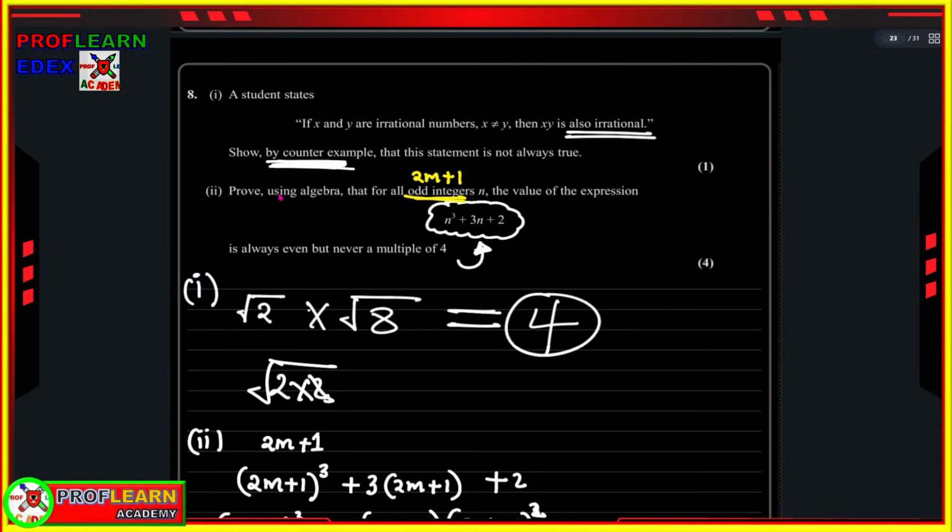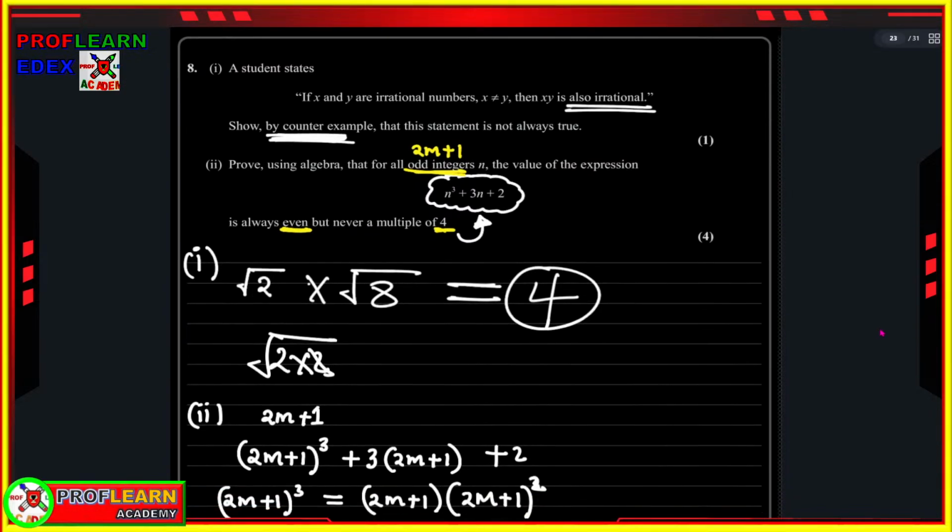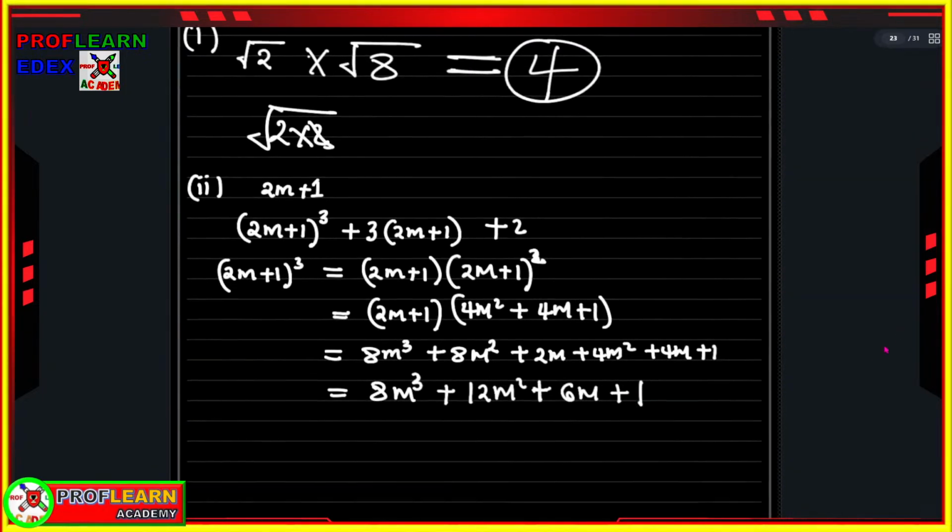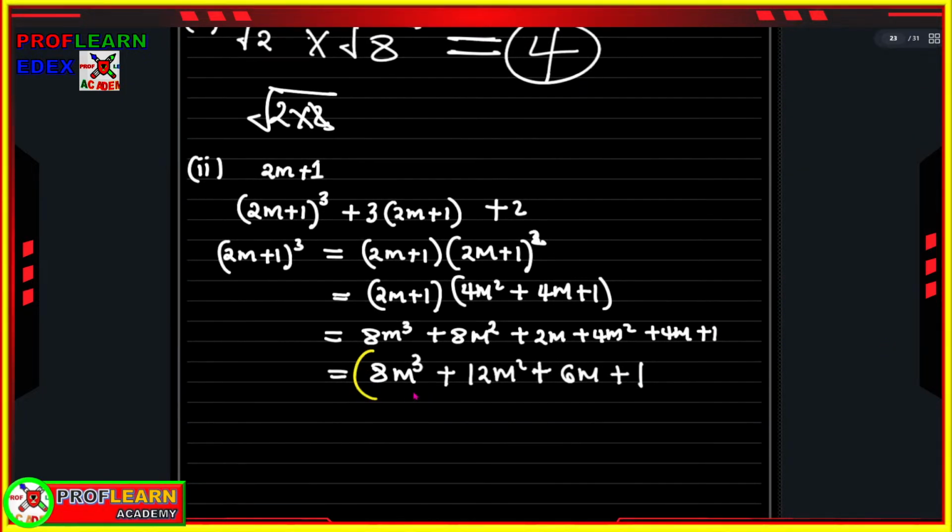So we are supposed to prove using algebra that for all odd integers n, the value of the expression is always even but never a multiple of 4. So how are we going to do that? We are going to group these terms.